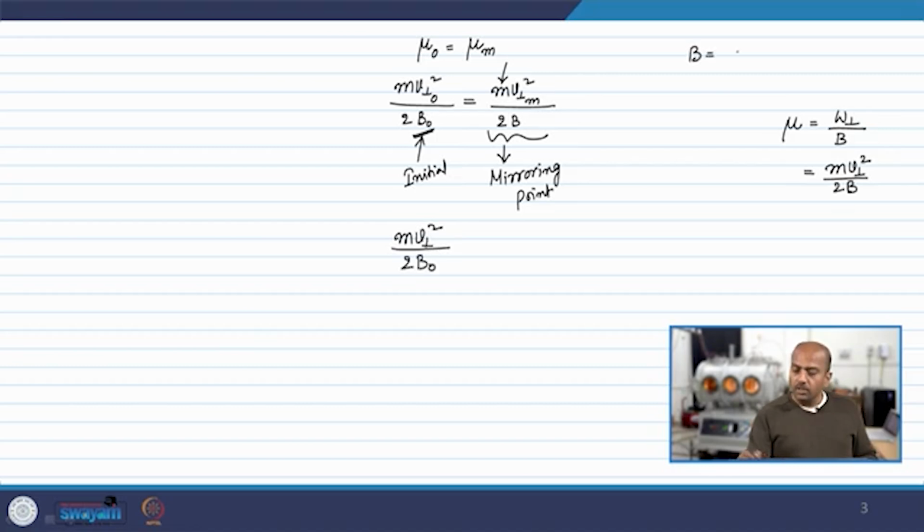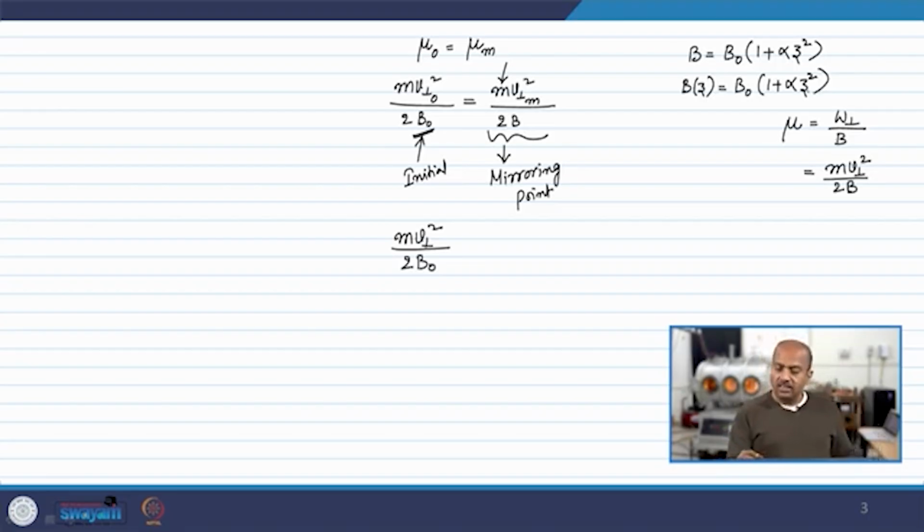Now, B is written as B naught times 1 plus alpha z square, B which is a function of z. According to the stem of the question, when z is 0, the particle has a velocity v at a pitch angle of alpha naught.